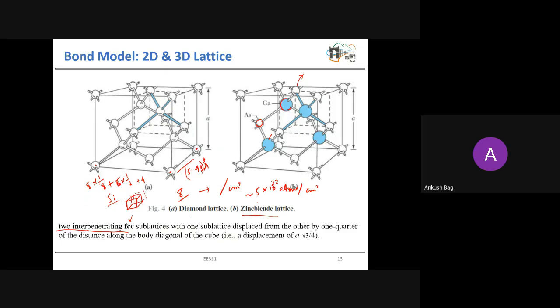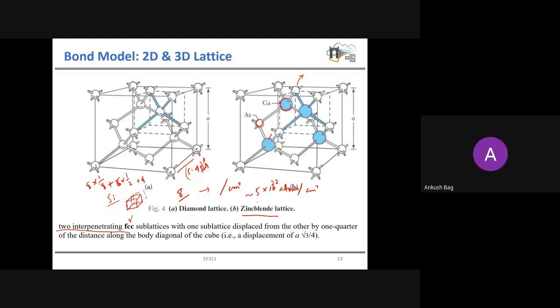We have also discussed that our silicon, which has a diamond lattice or diamond structure, is nothing but two interpenetrating FCC crystals, or face centered cubic crystals.